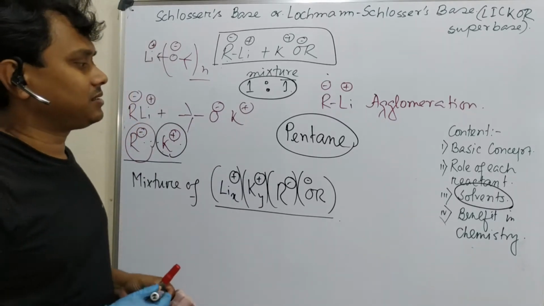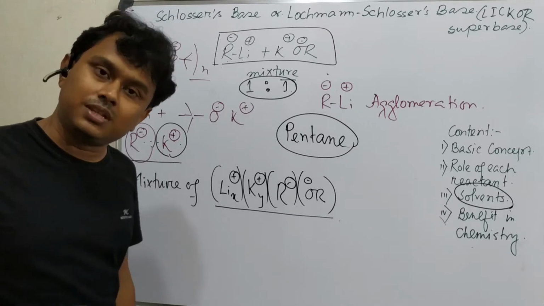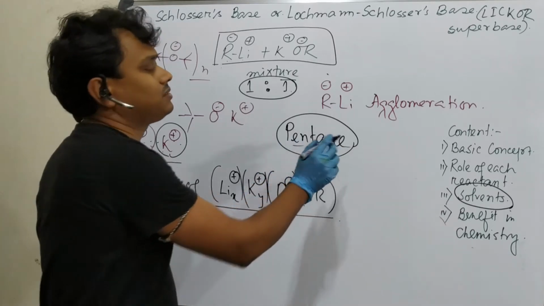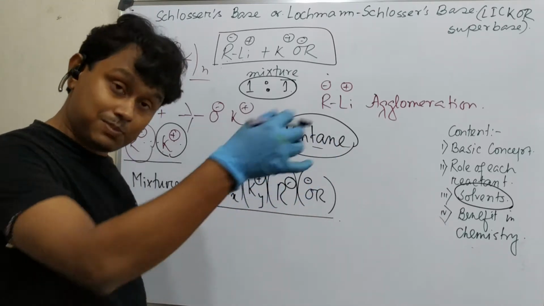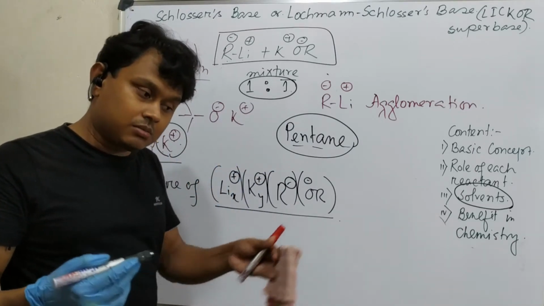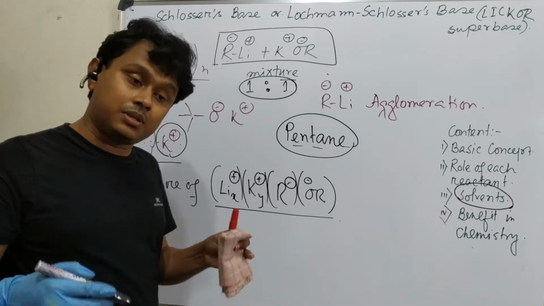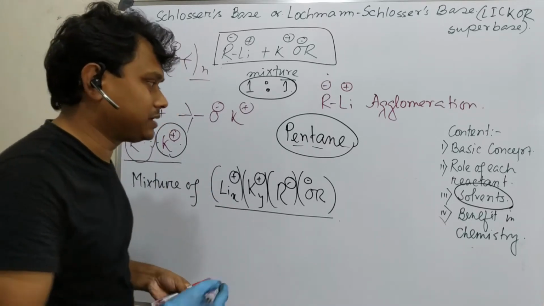Another thing, you can perform such reactions in THF, but you can't store or prepare this in THF. I shall explain in another video why butyl lithium is not stored in THF. Instead, it's stored in hexane or pentane.